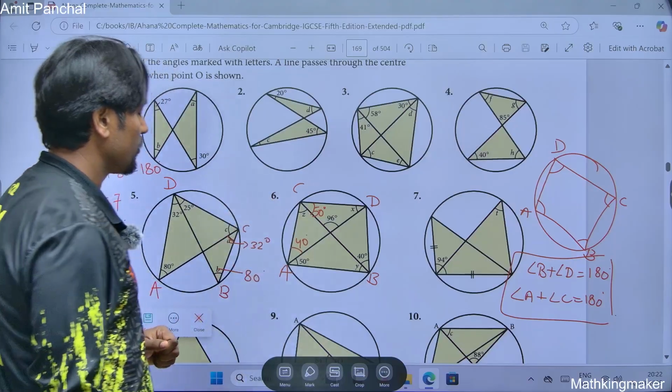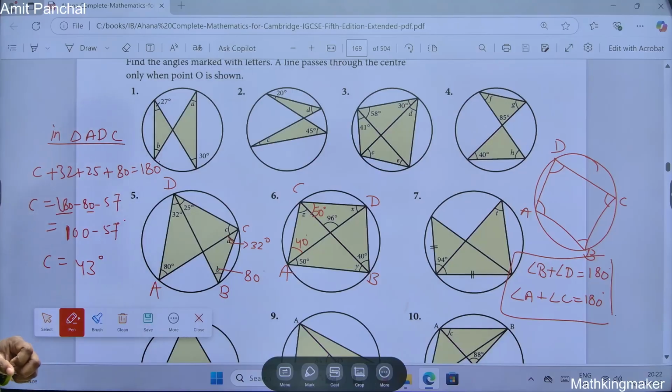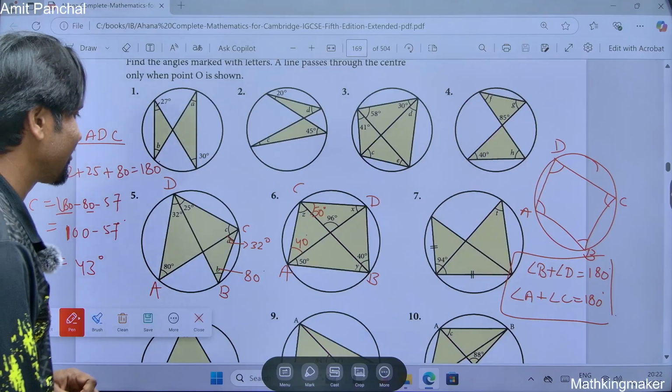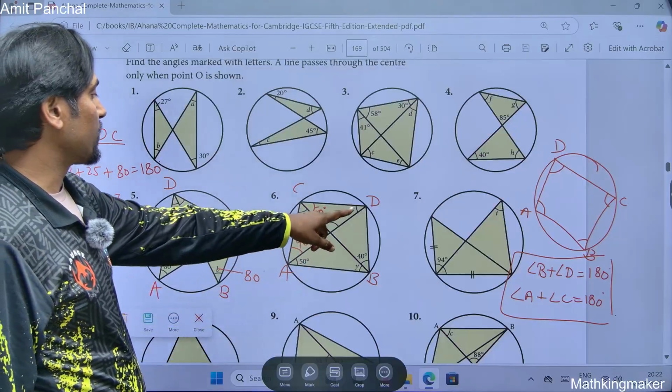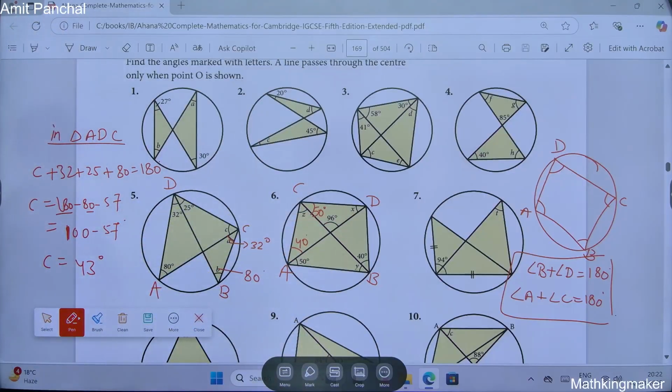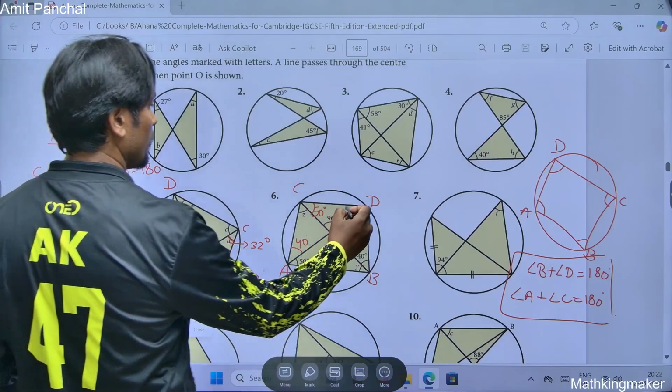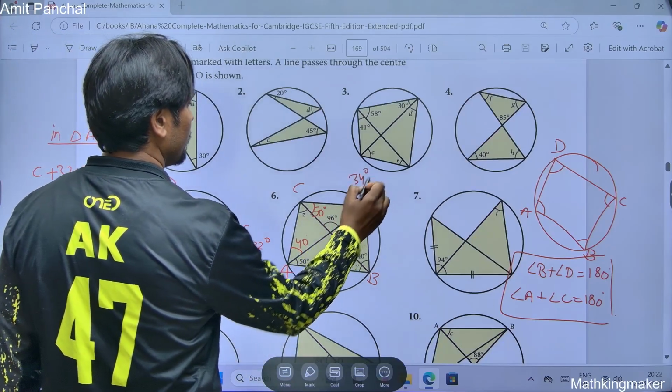So it's 24 then. How is it 24? So like Y is right. Just find out X. What is the value of X? It is 34. So it is 34 degree.